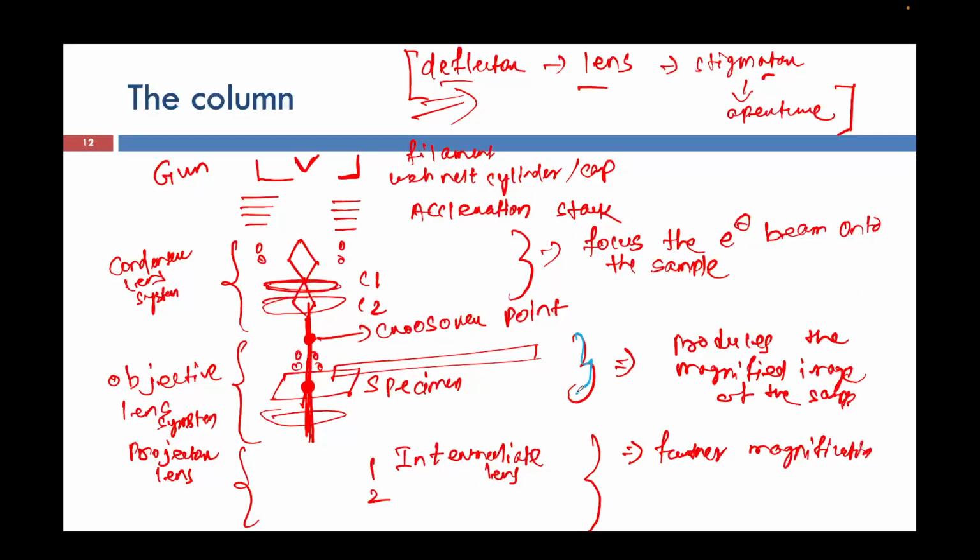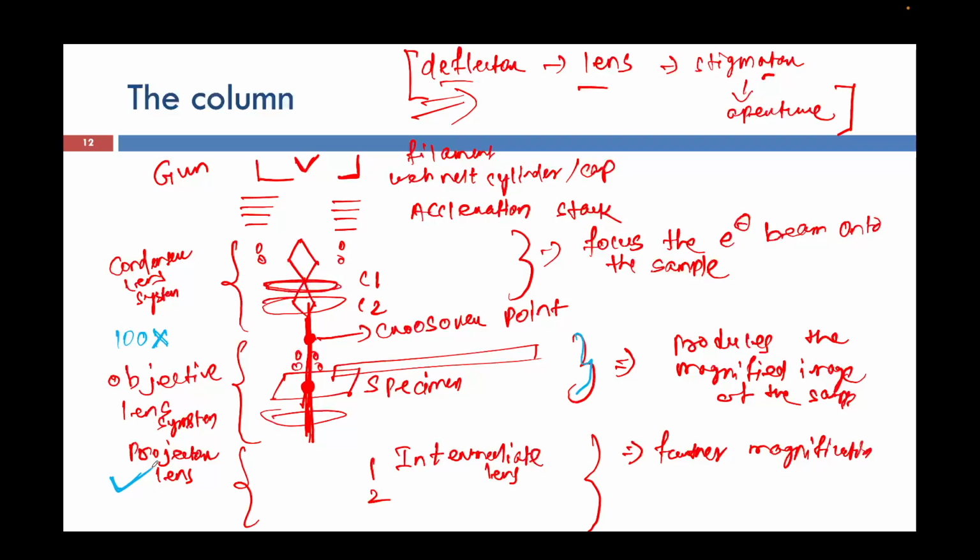If my objective lens is doing a magnification of 100x, ideally I do not want one lens to create a magnification of more than 1 lakh or 2 lakh, a very high magnification. That is why I have created the projector lens system, and its job is to magnify. How does the magnification happen?